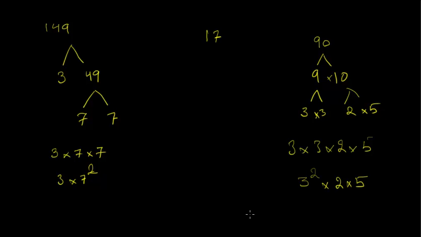Now we are ready for the concept of a square root. Let me clear the board first. The square root of a number is a number which multiplied by itself gives you the original number.